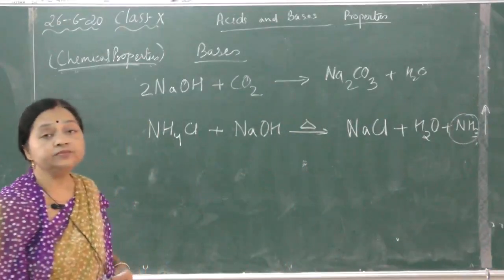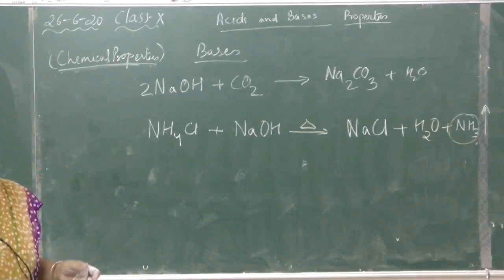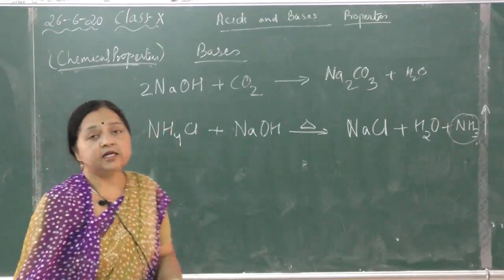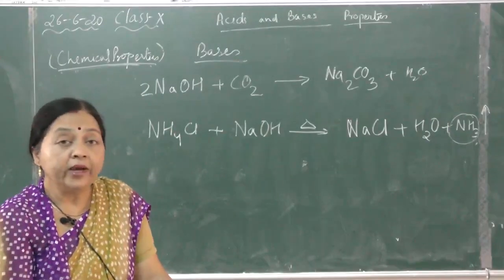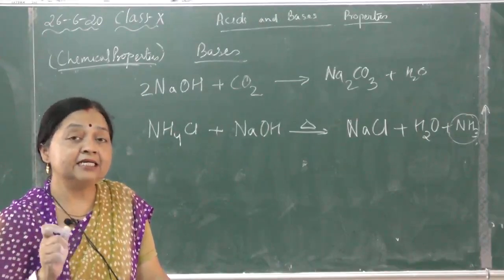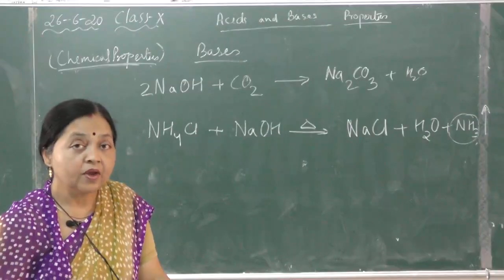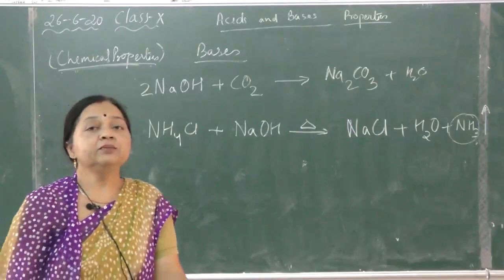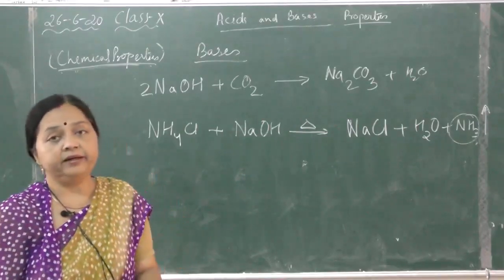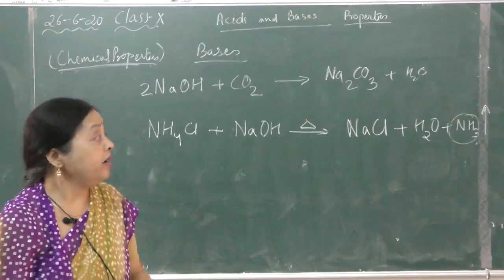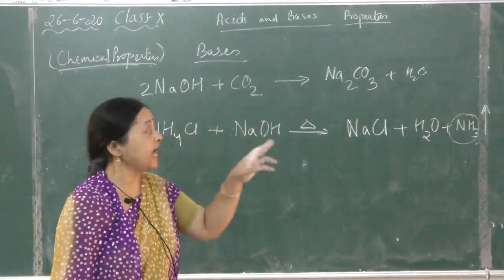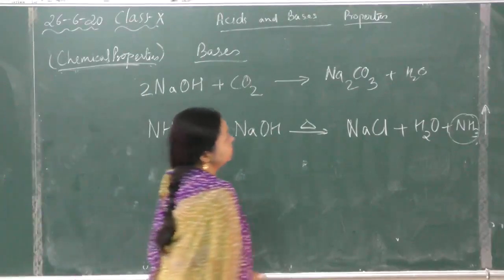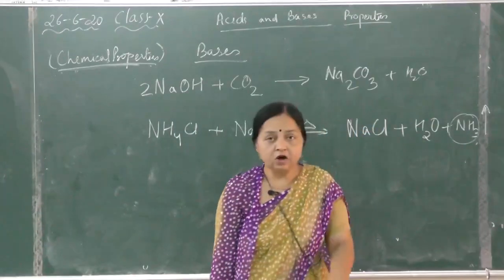If it is asked as an observation question, what happens when a caustic alkali is added to an ammonium salt, you will write that a pungent smelling gas is evolved which turns Nessler's solution brown, or gives a blue precipitate with copper sulfate solution, or gives dense white fumes with a rod dipped in HCl. That is the test of ammonia gas.